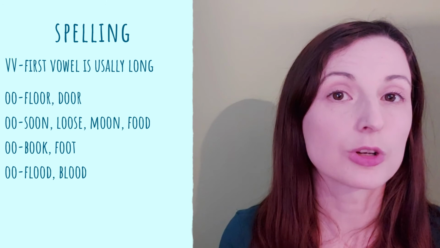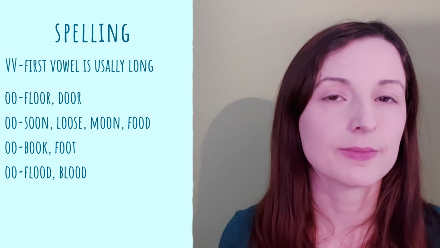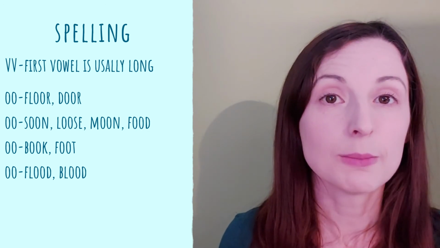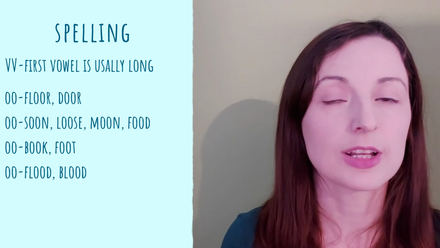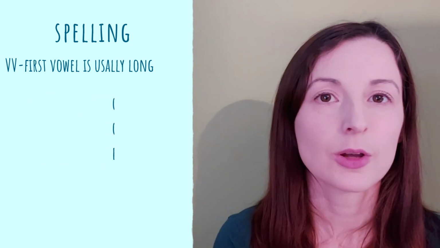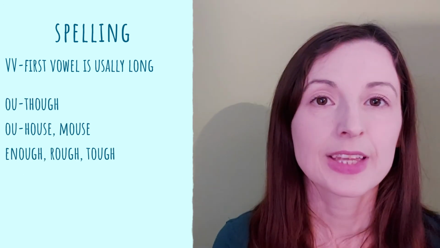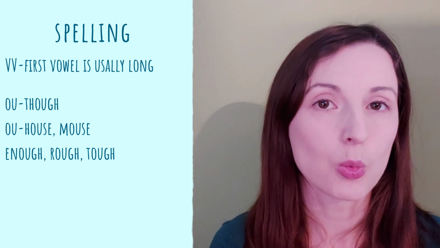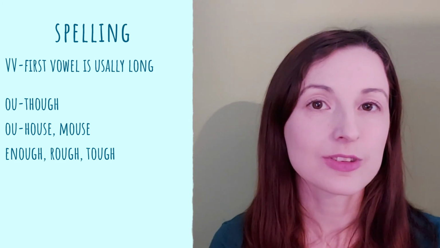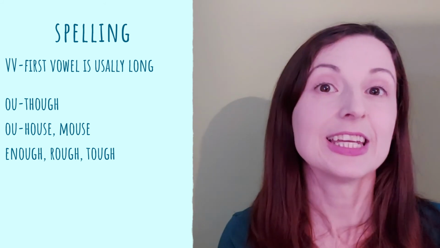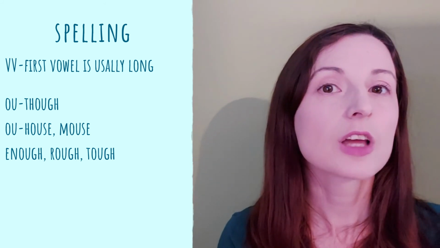OO can be a short sound, like in book and foot. OO can be a short sound, like in flood or blood. OU can be a long O, like in though. It can be a diphthong ow, like in house, mouse. It can be a schwa sound, like in enough, rough, tough.